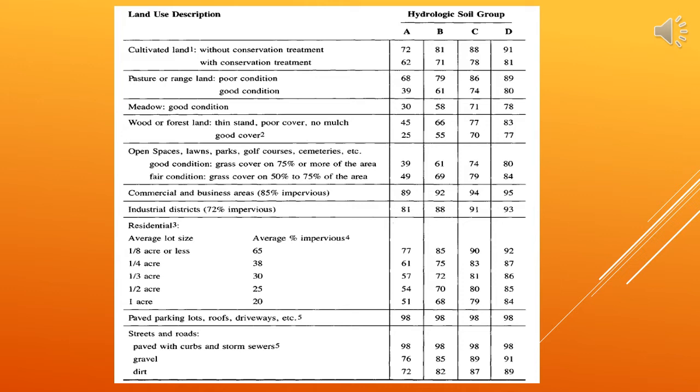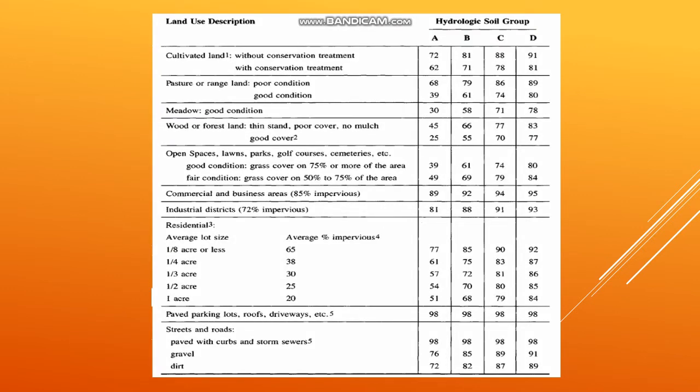For example, let's say we have cultivated land, and soil group B. Without conservation treatment, the curve number is 81.